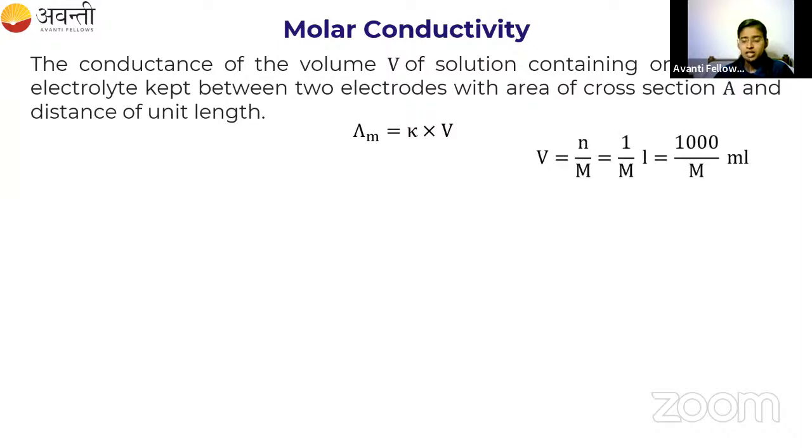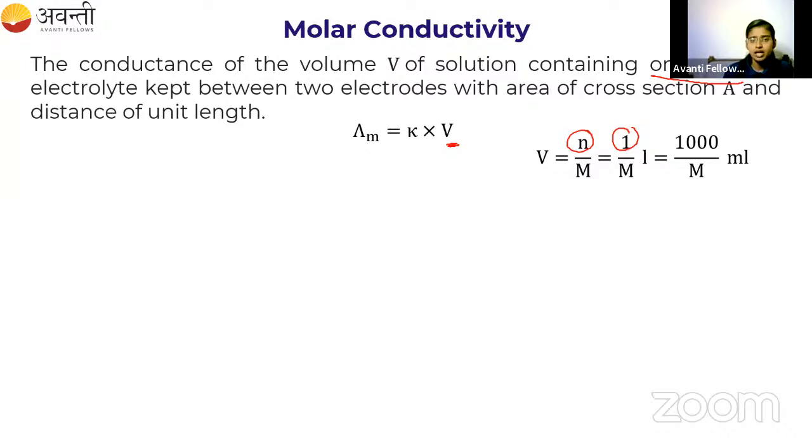Concentration is equal to number of moles by volume, so volume is equal to number of moles divided by concentration, in terms of molarity N by M. For 1 mole, the number of moles is equal to 1.